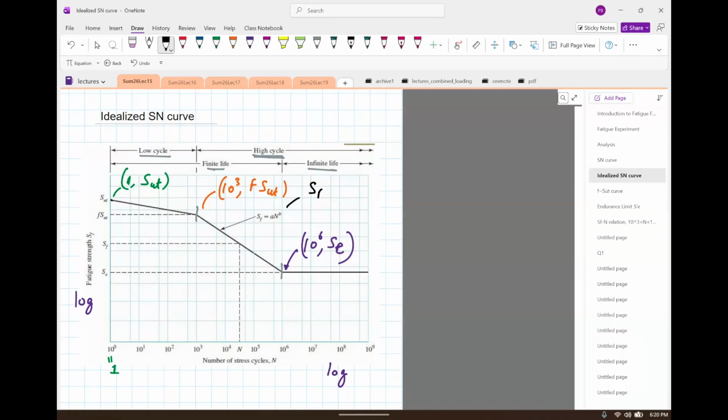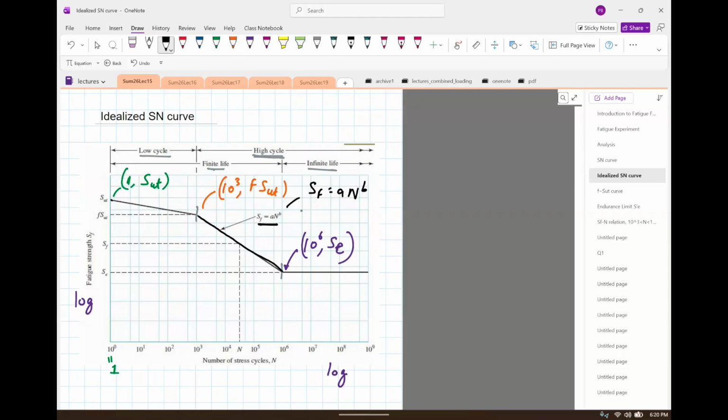S f equals a n raised to b. So it feels weird, right? You have this equation, but this is not the equation for a straight line. This is the equation of an exponential. There's n raised to b. So what they have shown here seems kind of absurd. Actually, what they have shown here is the equation, but it's in the log. The curve is drawn in the log-log scale, but they have written this equation without the log.